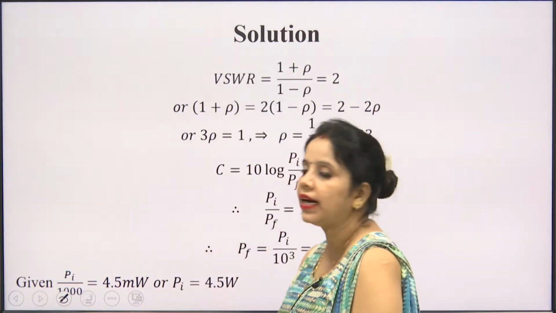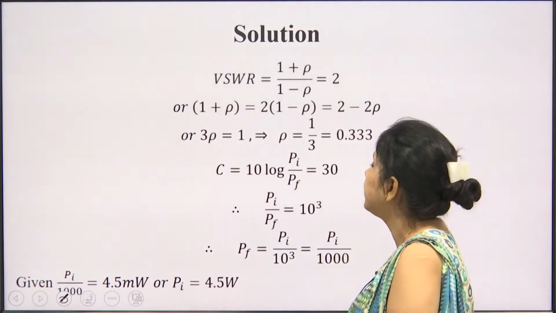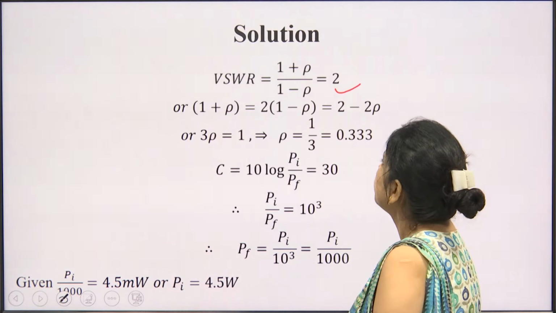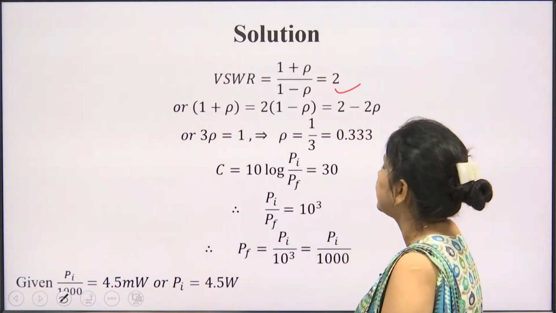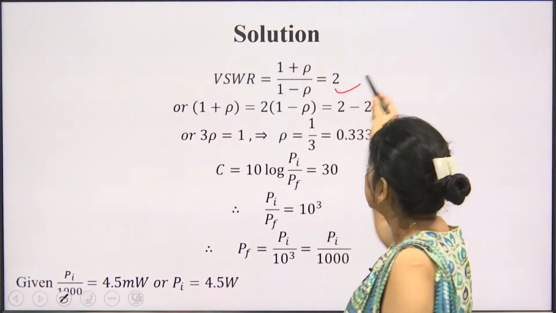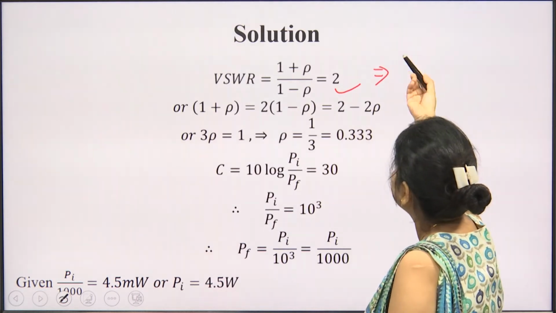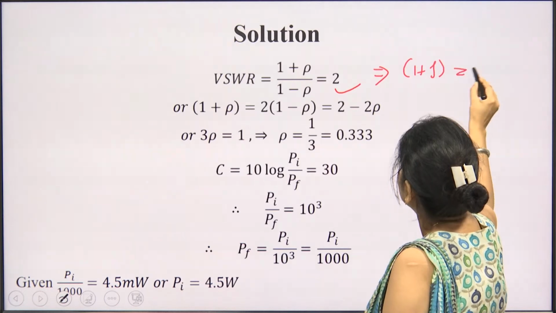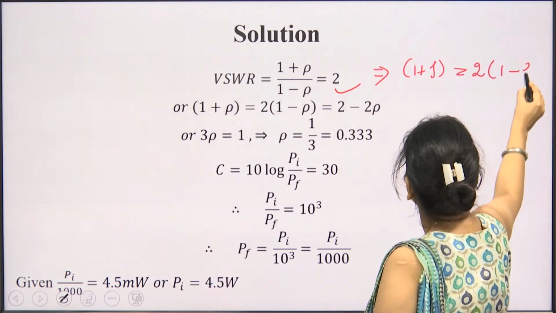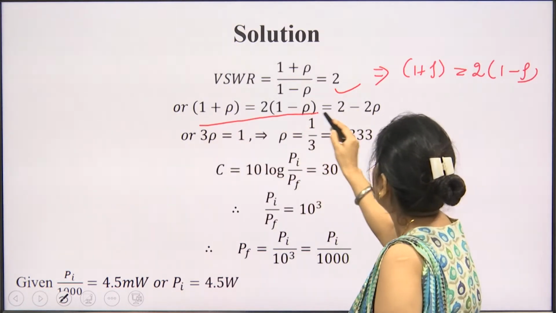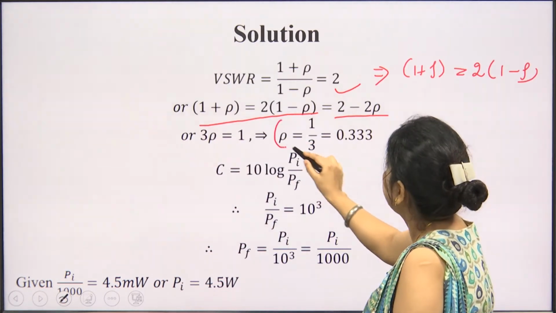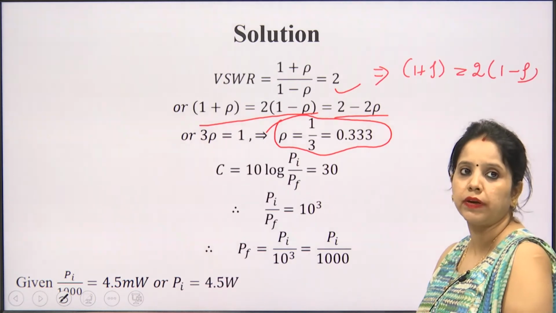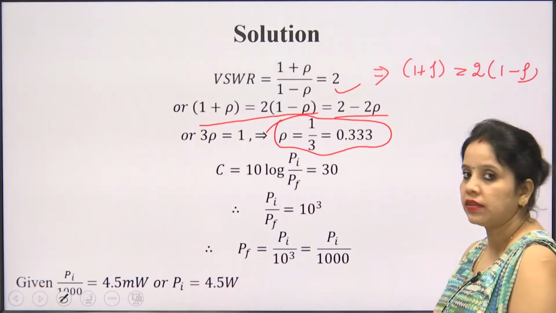We know that VSWR is equal to 1 plus rho upon 1 minus rho, which is equal to 2. By using the cross multiplication method and continuing to solve, we are able to calculate the value of the reflection coefficient, that is rho is equal to 0.333.